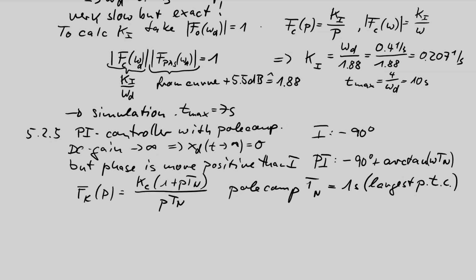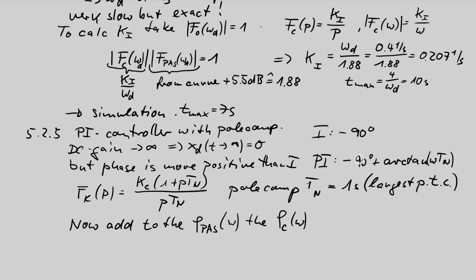Now we can do the next step. Add to the phase from the process and the actuator and sensor, add to the process phase of omega the controller phase of omega. Point by point we have to draw a new curve.